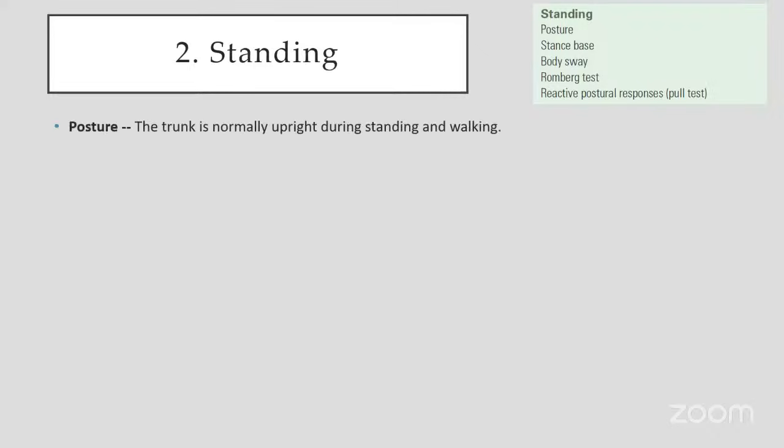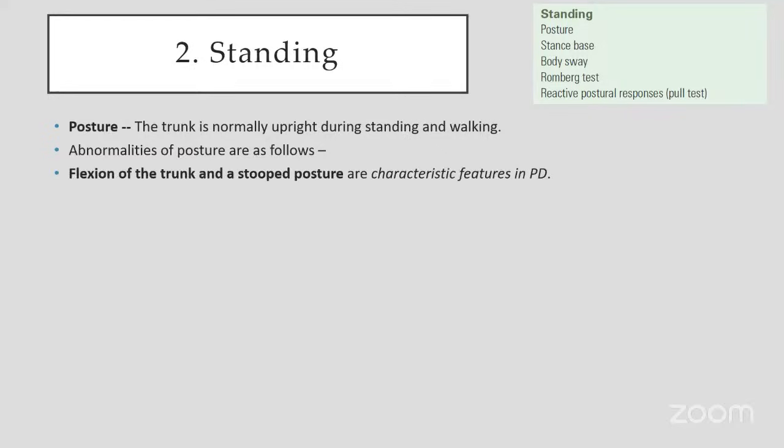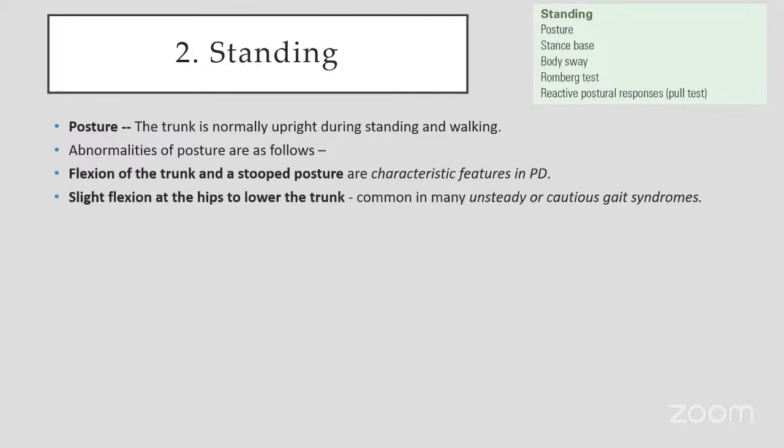Standing. So, posture: the trunk is normally upright during standing and walking. Abnormalities of posture are flexion of the trunk and stooped posture, which is a characteristic feature of PD. Slight flexion at the hips and lower trunk is commonly seen in unsteady or cautious gait syndromes. Upright posture with neck and trunk extension is typical of PSP.